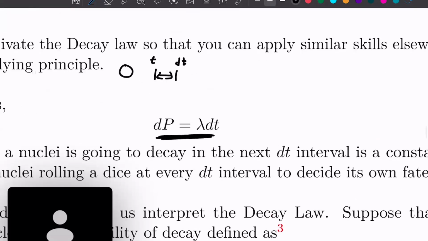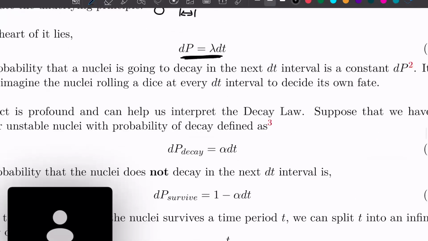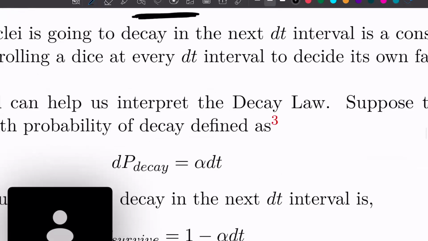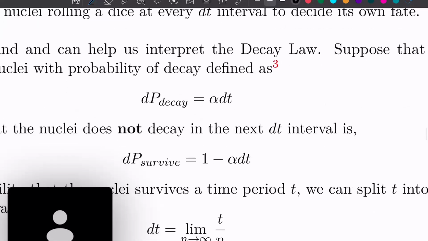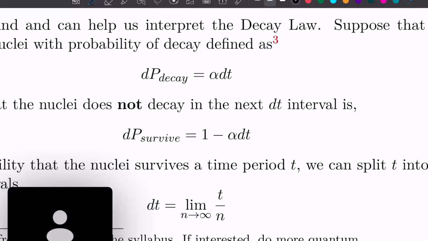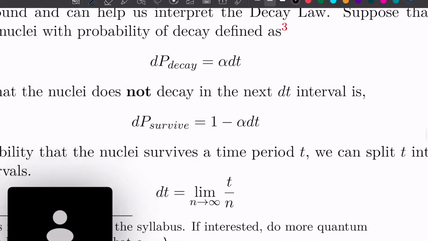So as I mentioned, the probability of decay is dt with some proportionality constant. We call it alpha here, but later we will derive that alpha equals lambda. So the probability of decay is this. The probability of survival is obviously 1 minus this, which makes sense because if it doesn't decay, then it survives.